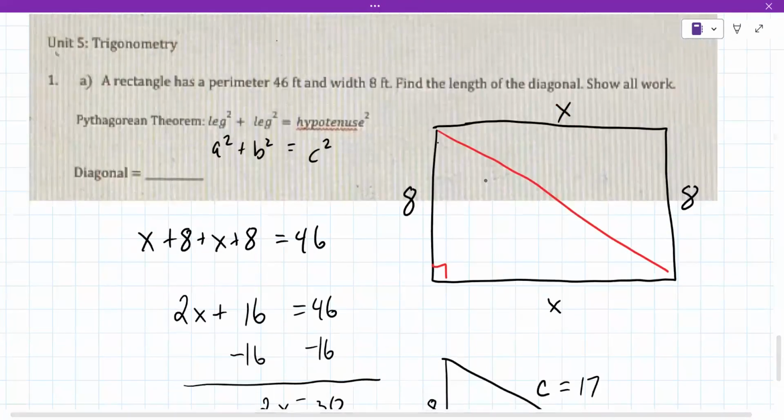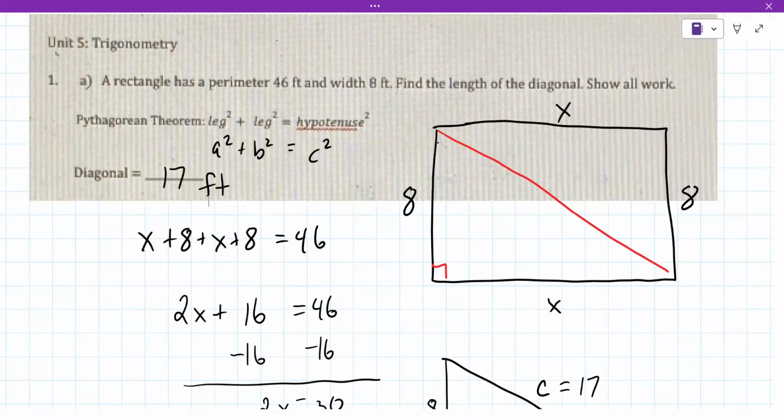It said, what's the diagonal? 17, and we need units of feet on there. Units of feet, and I'm not gonna have to say squared feet or anything with this. It's a distance, it's a walking distance, so you just go with feet in general. All right. Yes.